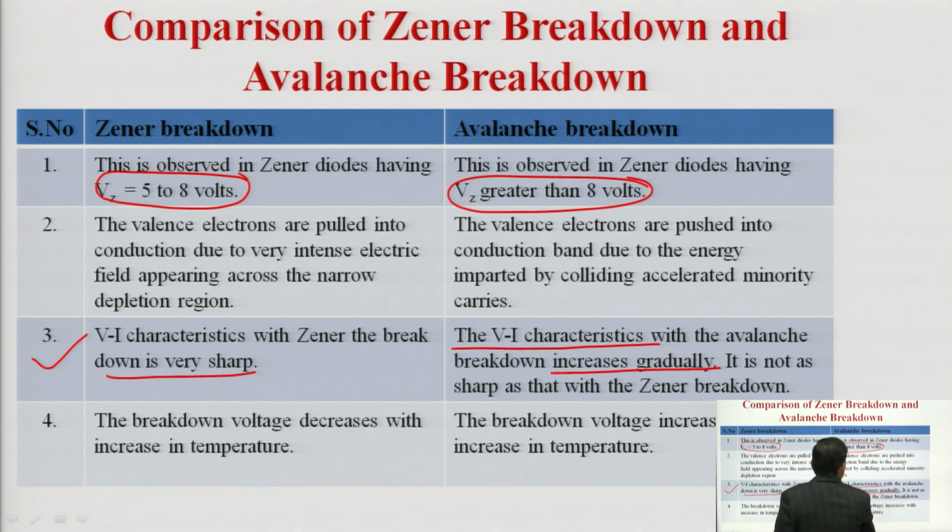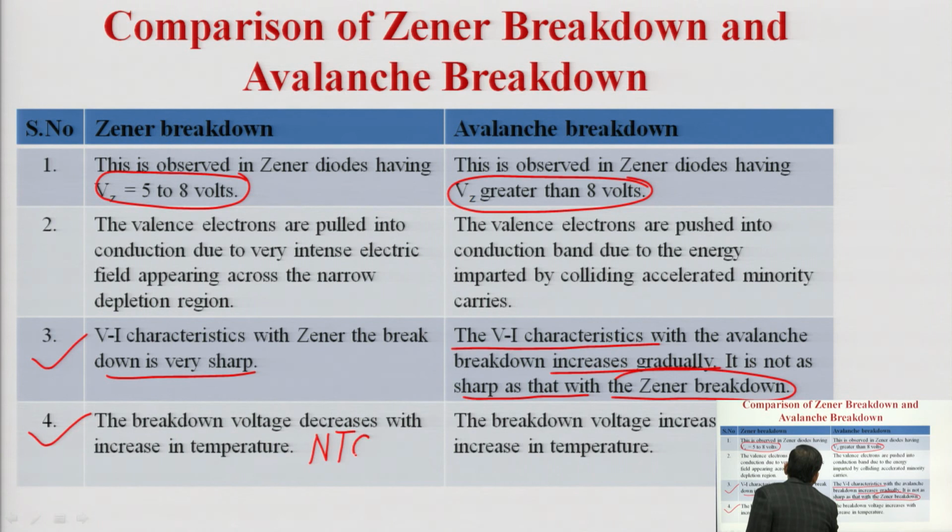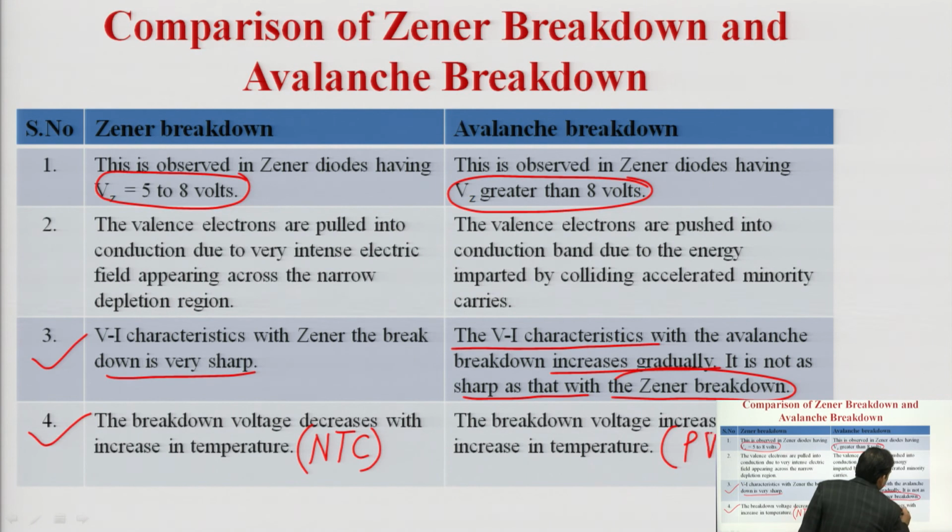It is not as sharp as with the Zener breakdown. Next, the breakdown voltage decreases with increase in temperature. This is referred to as NTC, negative temperature coefficient, and for the other the breakdown voltage increases as we increase the temperature, referred to as PTC, positive temperature coefficient.